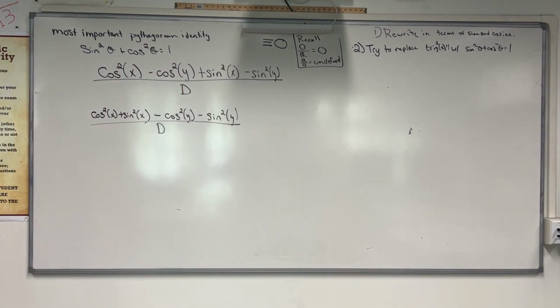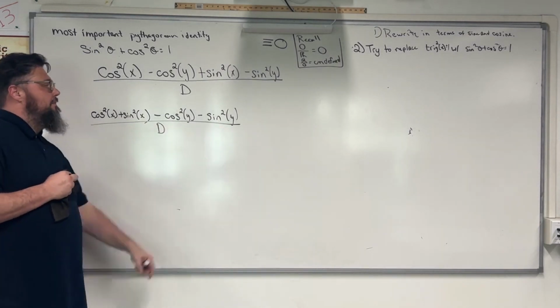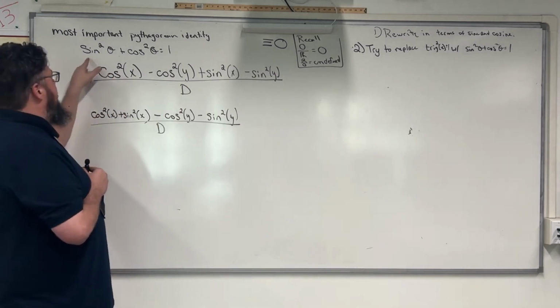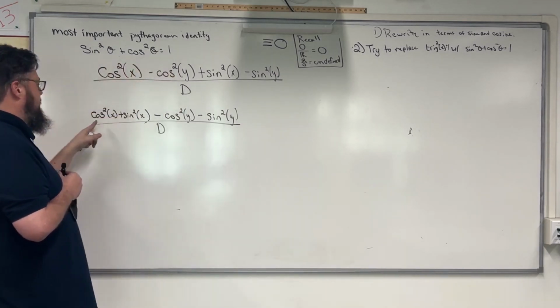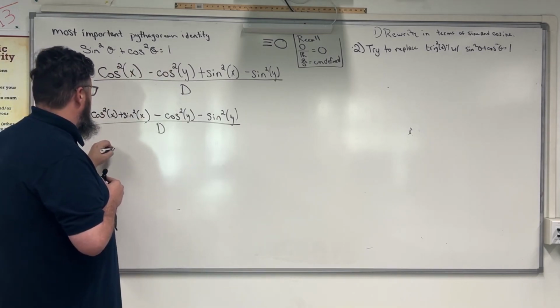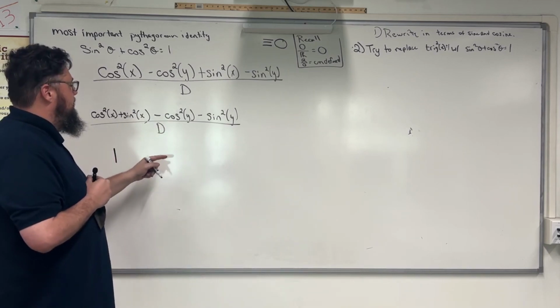Now, because I rearranged and grouped by like variables, the order I add these doesn't matter. Sine squared plus cosine squared is equal to 1. So cosine squared plus sine squared is also equal to 1. Here's a little bit different, so let's deal with that first.